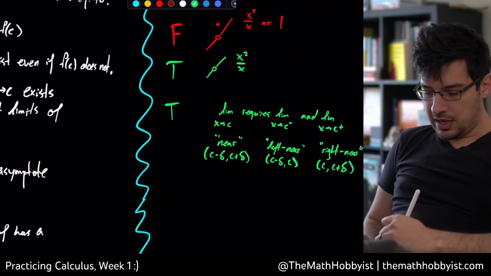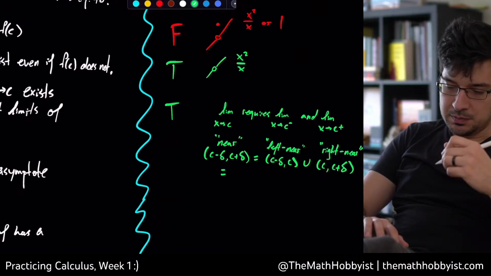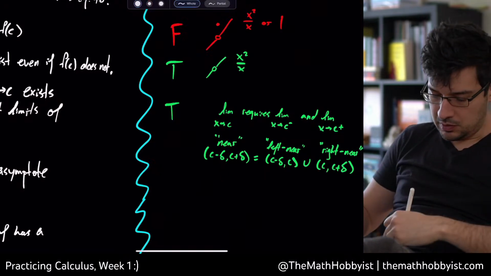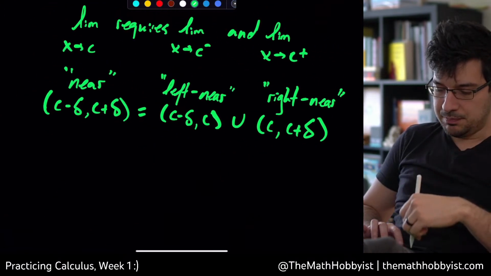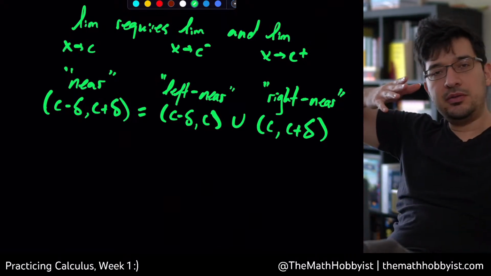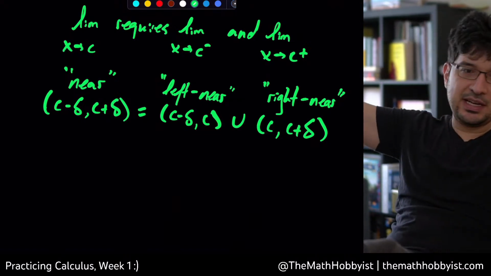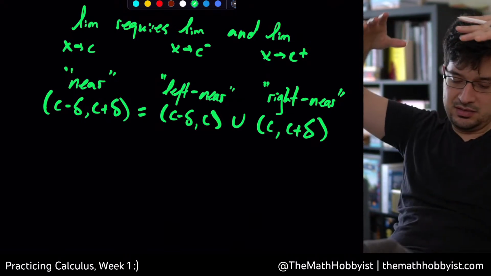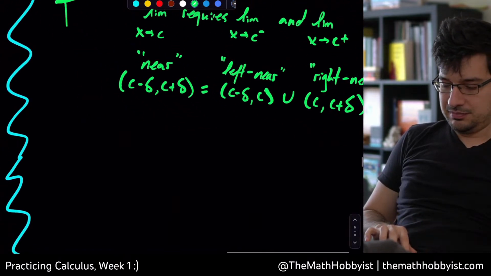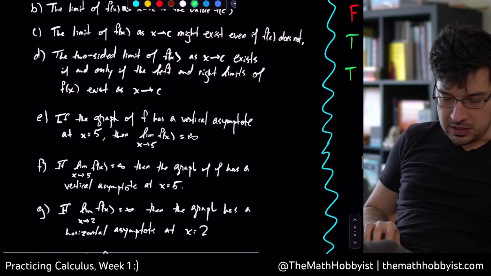And then notice that this first one is the union of the other two. So it's really like we need the requirements of all the left neighbors and all the right neighbors to agree. Anyways, enough metaphors. Let's move on.